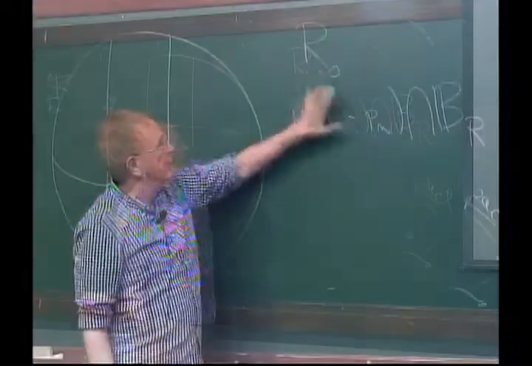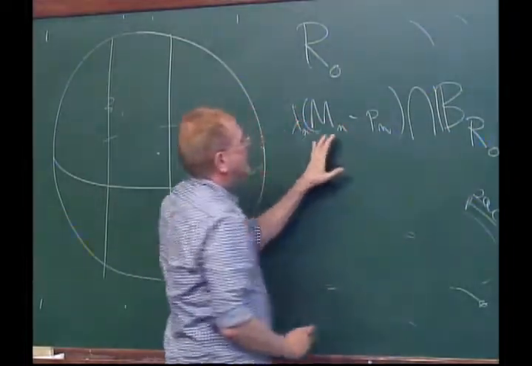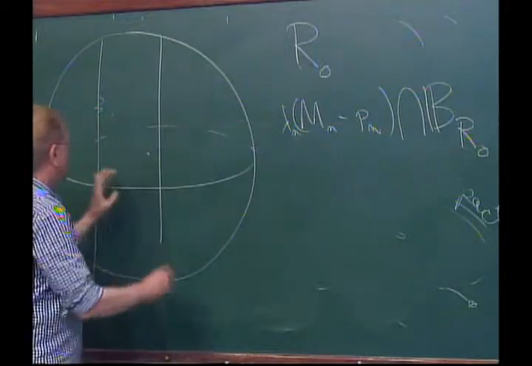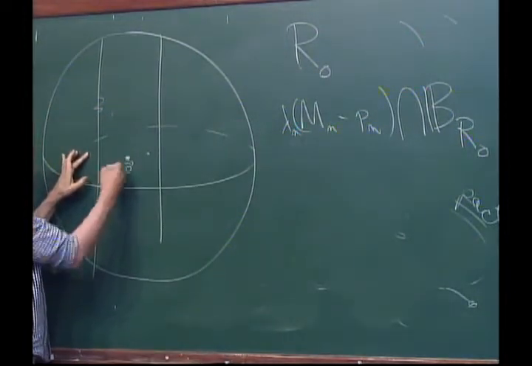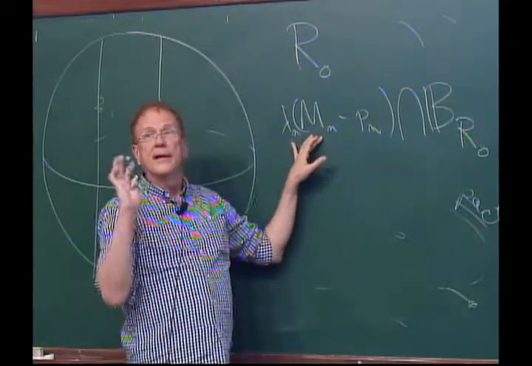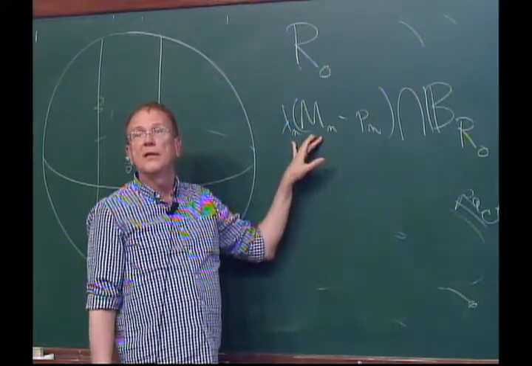One possibility is that when you go to R naught, the component of this surface which passes through the origin, that component has uniformly bounded genus.